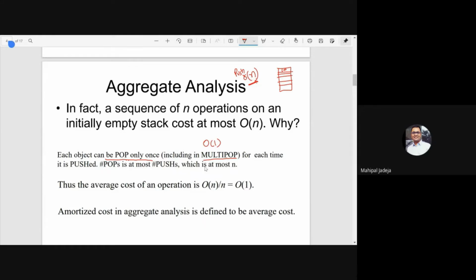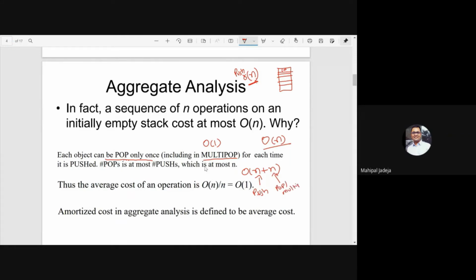So that means your pop plus multi-pop will take at most order of n time. So in summary, my complexity is order of n plus n. This first n corresponds to the push operation, and this second n corresponds to pop or multi-pop.